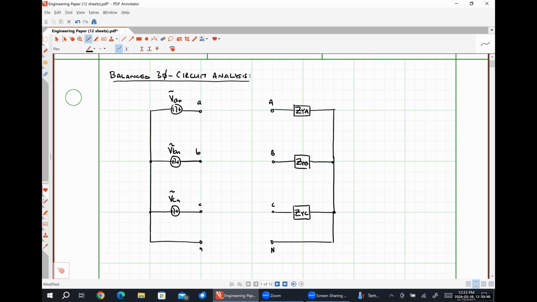And lastly, I'm going to connect my source to my load with transmission line segments, each of which will have some impedance as well. So for the A phase, I might call this ZWA. In the B phase, we'll have an impedance ZWB.